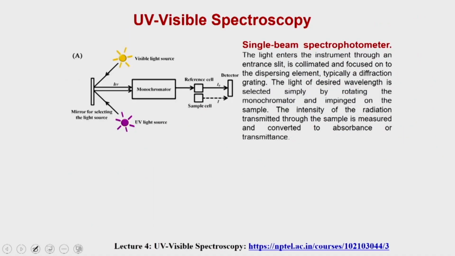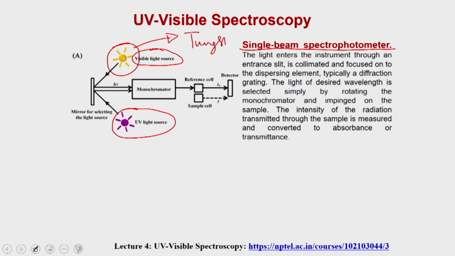The simple UV visible spectrophotometer could be a single beam UV visible spectrophotometer, where you have a light source. You can have two light sources, one for visible light and another for UV light. For the visible light source you can have a simple tungsten bulb, like the tungsten lamp or bulb you have at home, whereas for UV light you can have D2 lamps or xenon lamps.